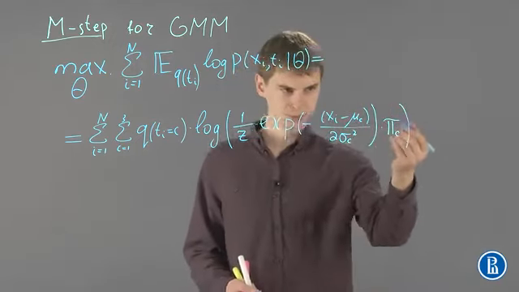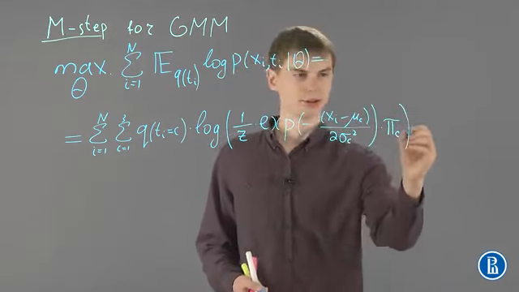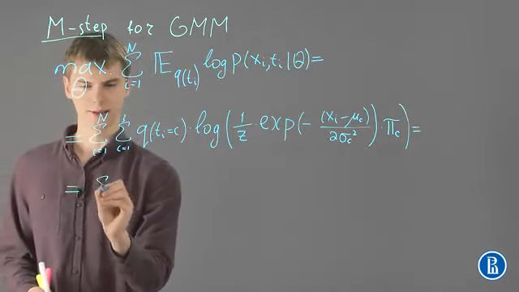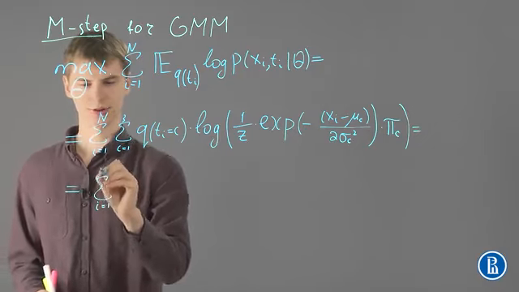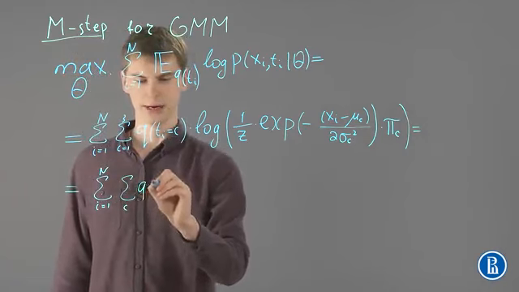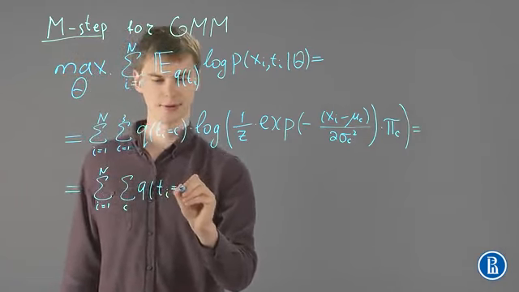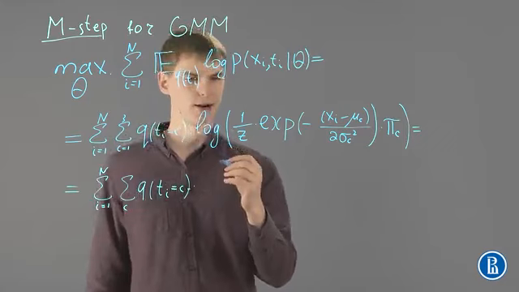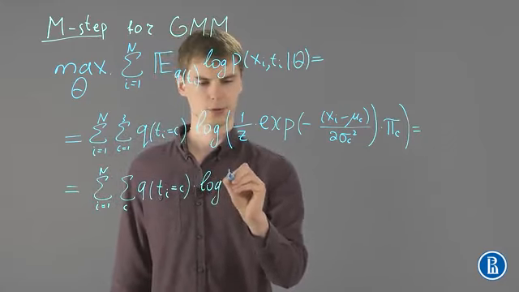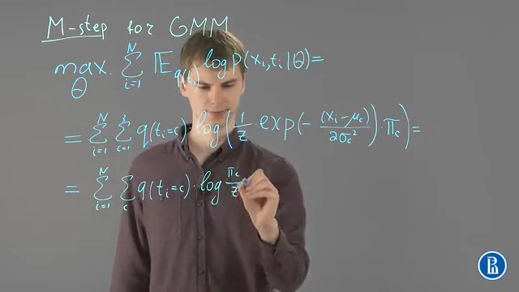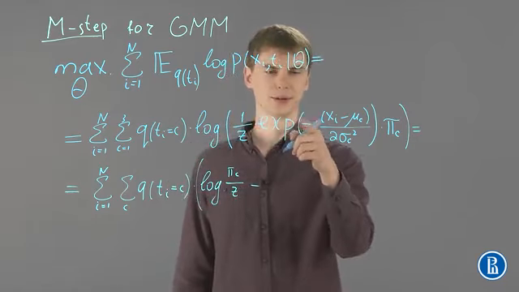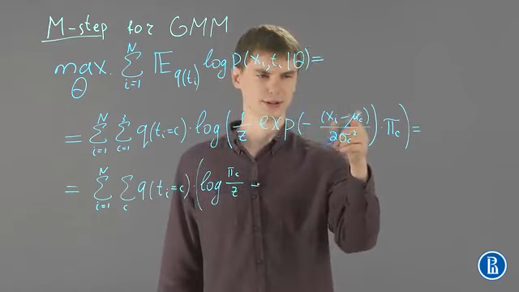And so let's write this expression even more. This will be, again, the sum with respect to objects, the sum with respect to the values of a latent variable, the weights, times the logarithm of pi_c divided by Z, minus the logarithm of the exponent of minus something, which is just this something.